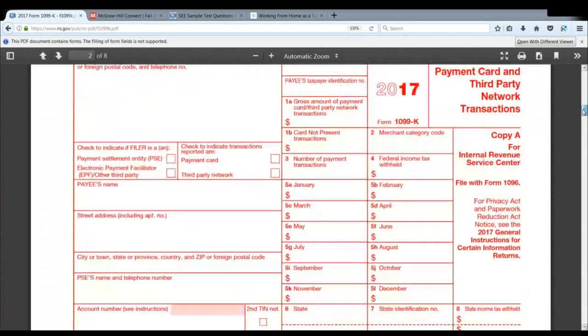So think about the third party. The third party may be eBay, for instance, right? So eBay is telling you every single month, this was your earnings up to a certain amount, okay? And then you have the gross amount in letter 1A, payment card and third-party network transactions, which is basically credit card transactions, which is essentially all the transactions you're going to have in eBay anyway, right?